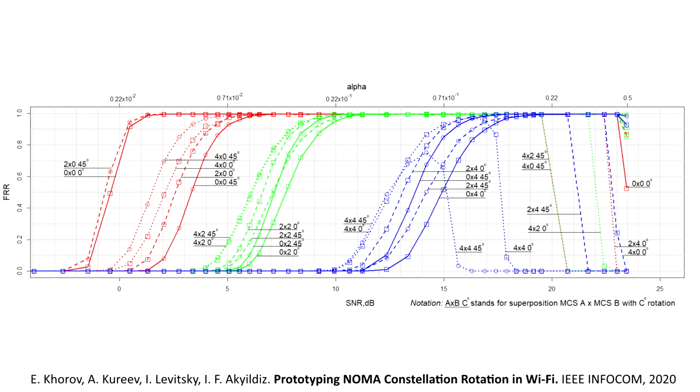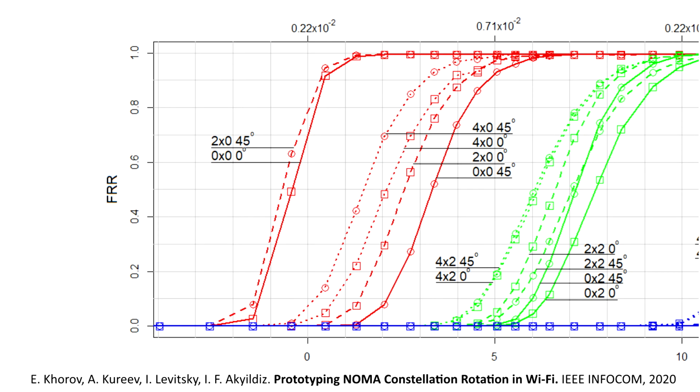The red color represents BPSK for the secondary signal. Line types indicate the primary signal modulation, and point types indicate the angle. You can see that for the best performance, the secondary constellation should be rotated if superposed with primary QPSK, and should not be rotated with primary BPSK.